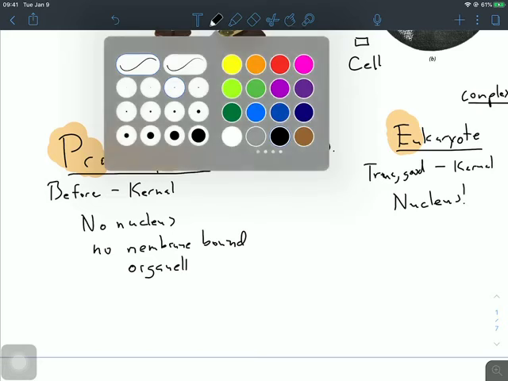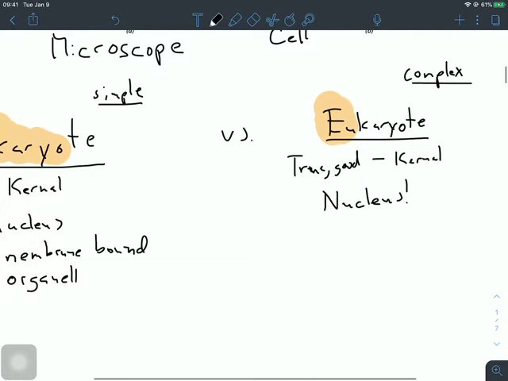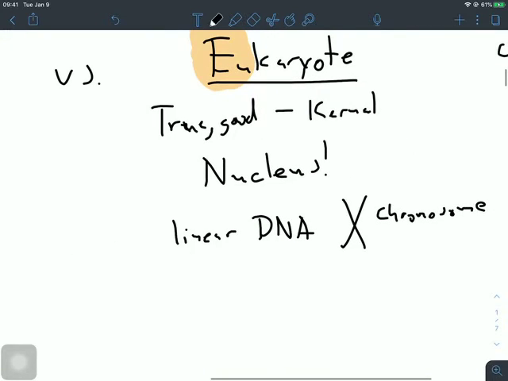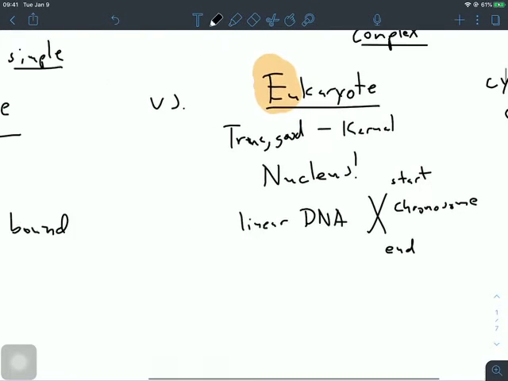Eukaryotes have linear DNA that you may have seen drawn as chromosomes in the shape of an X. This means that they have a start point and an end point.